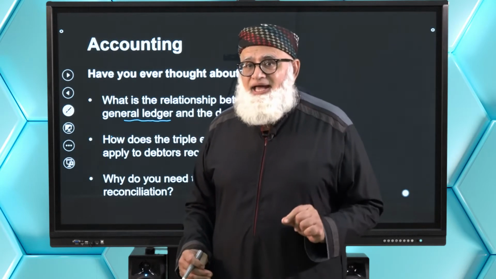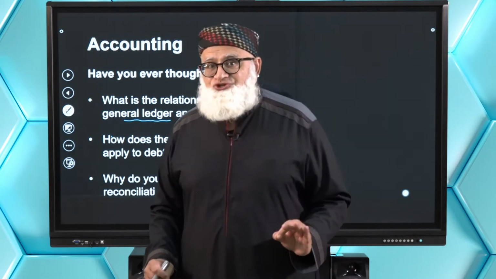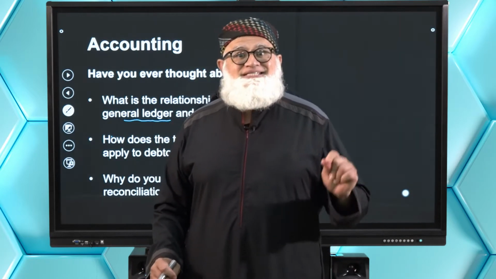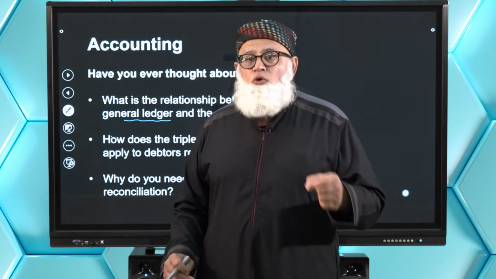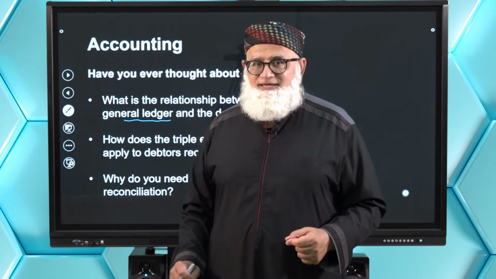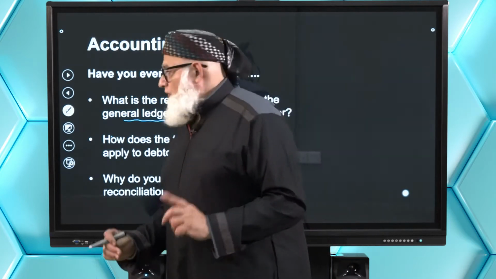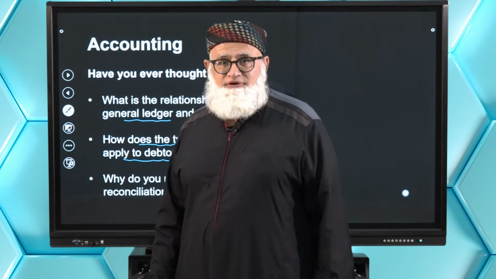At the same time, you will also have to record a single entry in the debtors ledger in the account of the debtor who bought the goods on credit from us. So this means that when you are dealing with a debtor or a creditor, you will always apply the triple entry principle, right?